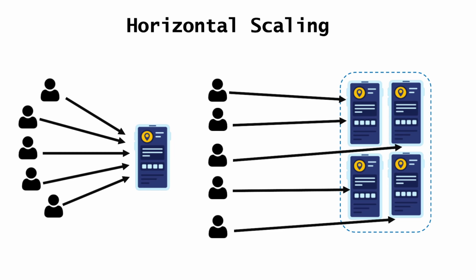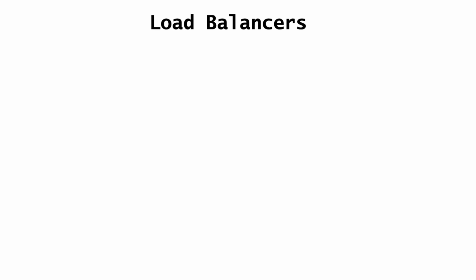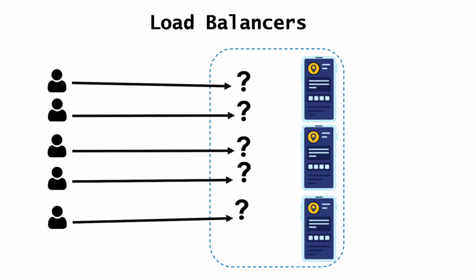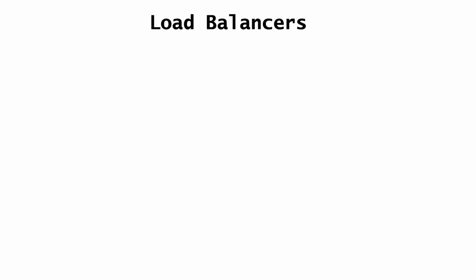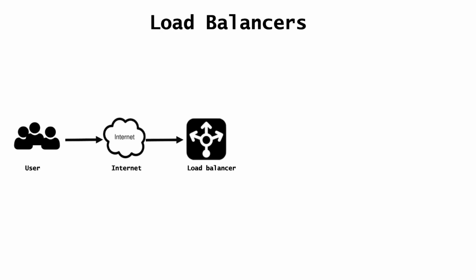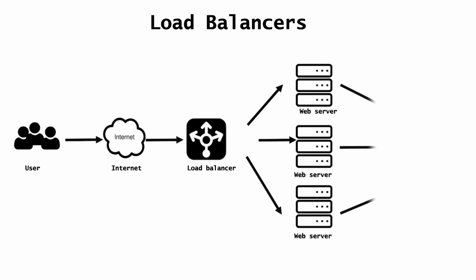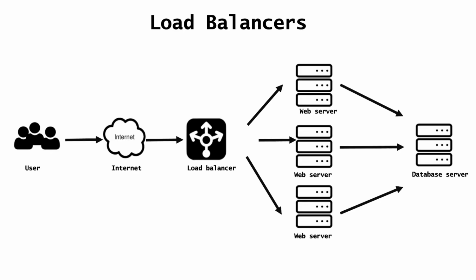Using horizontal scaling brings huge benefits: more servers, more power, and more reliability. But it also creates a new challenge. When a user sends a request, how do they know which server to connect to? That's where the load balancer comes in. Think of it as the traffic controller of your entire system. Every incoming request from a client first goes to the load balancer.